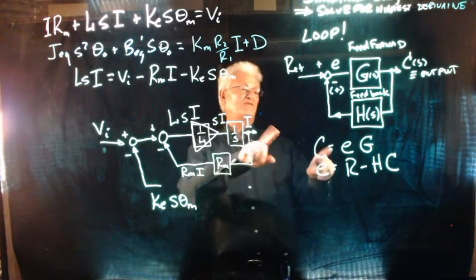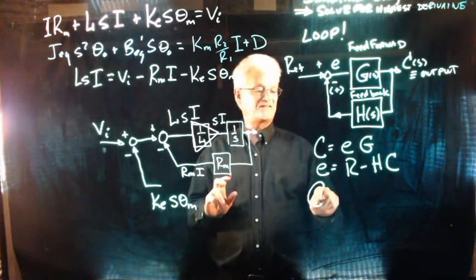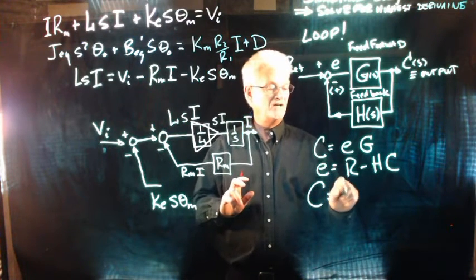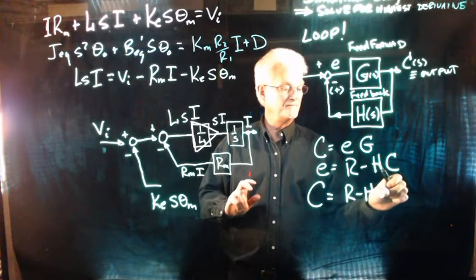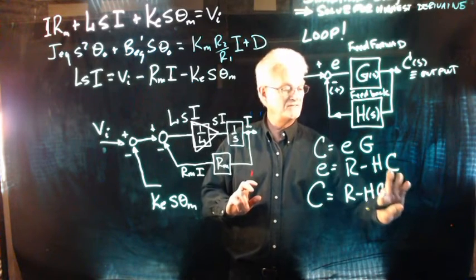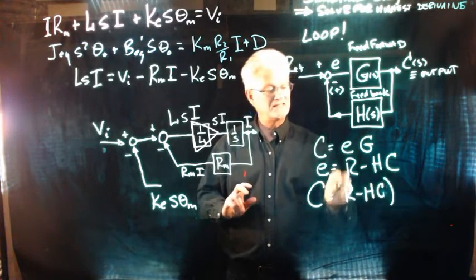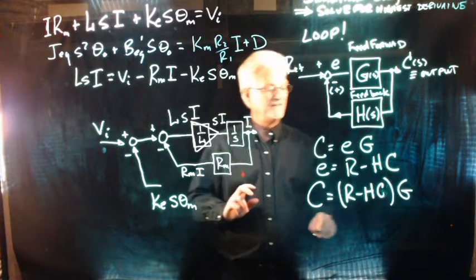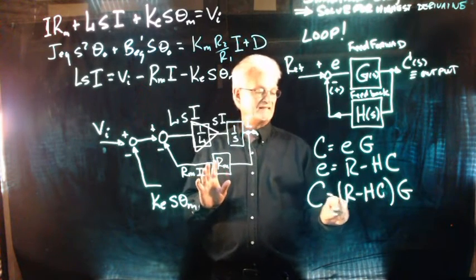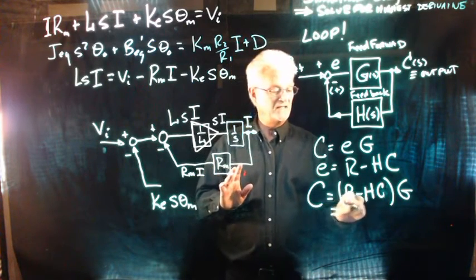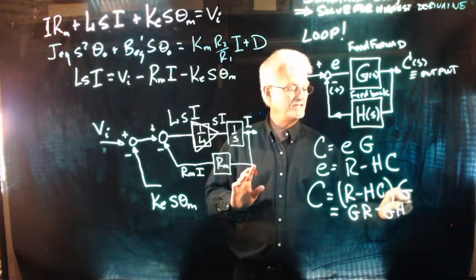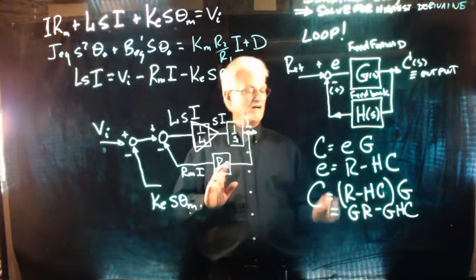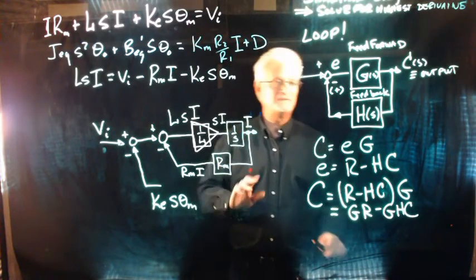And so if I'm looking for C, I substitute in: C is equal to R minus HC, times G. So I can substitute a little bit. This is going to be GR minus GHC.